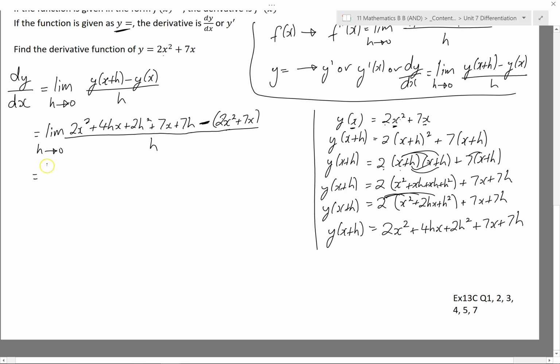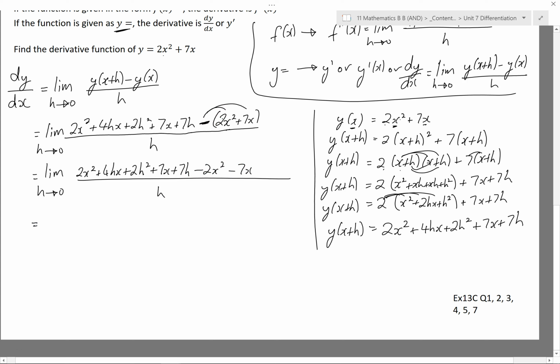So in this step, all I'm going to do is expand this negative, essentially multiply those things inside there by -1. If you don't have a good setting out, you get no chance. So minus 2x squared minus 7x.